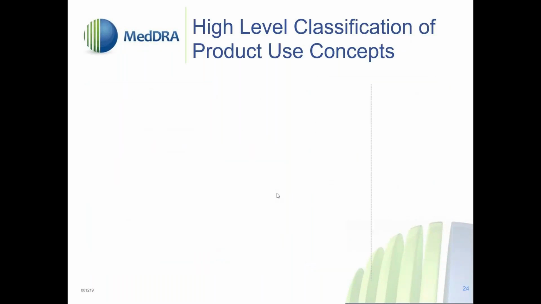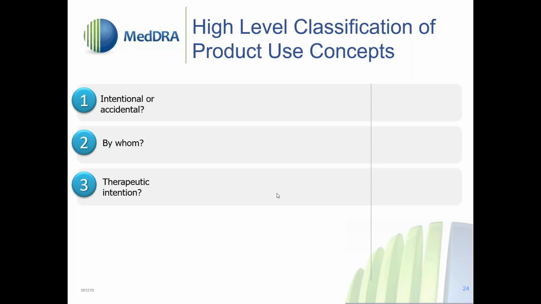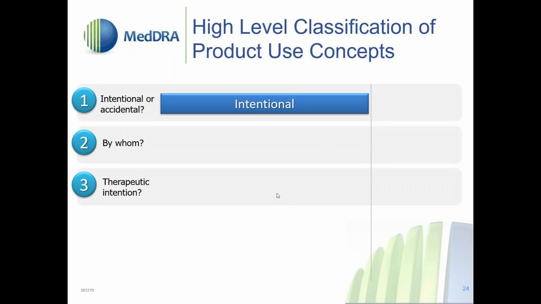The following flowchart visualizes this decision-making process. Here are the 3 core questions: intentional or unintentional, caused by whom, and in the context of therapeutic use, yes or no. Let us assume that the unapproved product use took place intentionally.